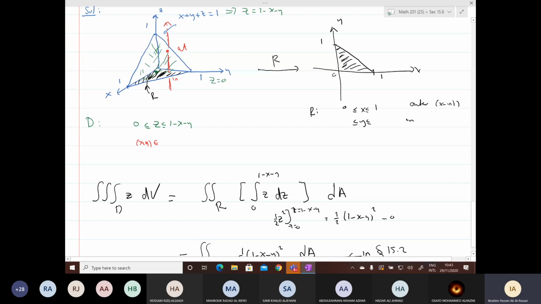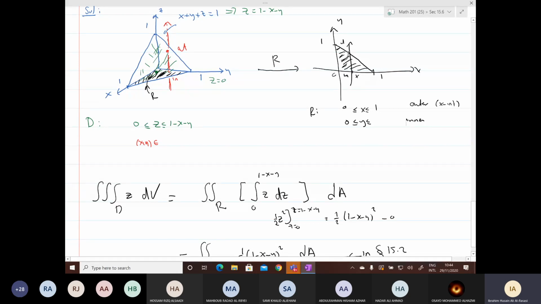Inner, lower and upper curve. So this is X here. This is the inner, lower curve, and this is out. So here you are entering the region through the x-axis. What is the equation of the x-axis? Y is equal to 0. So this is the inner, the lower.